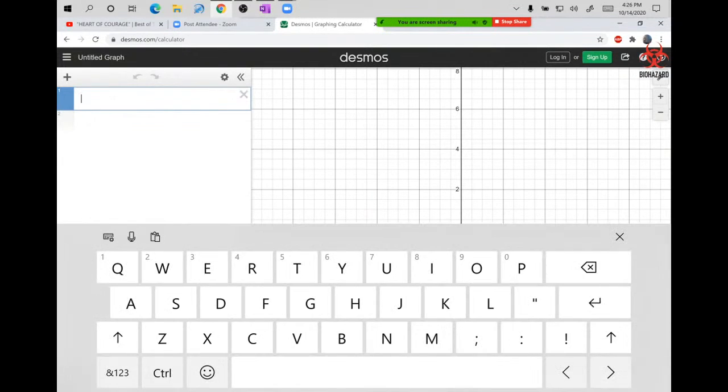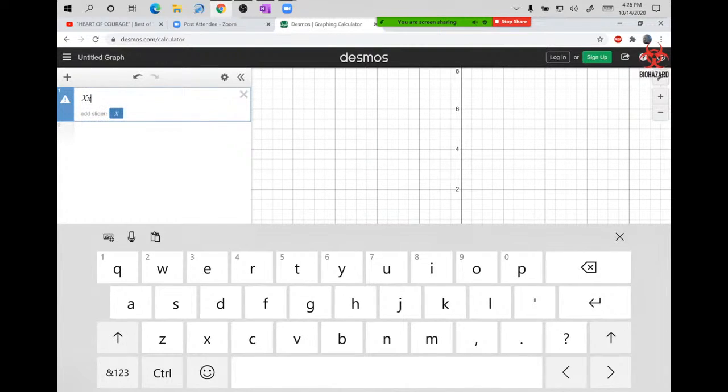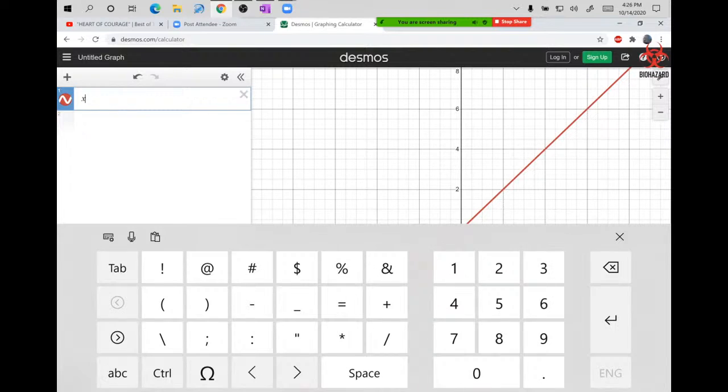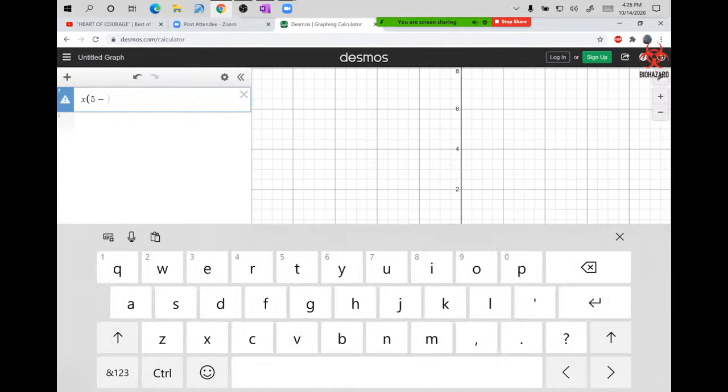And in one function, we type our x times the square root of 5 minus x squared.